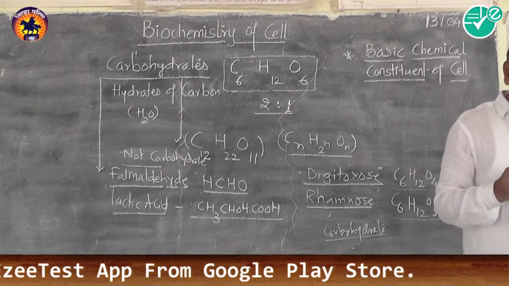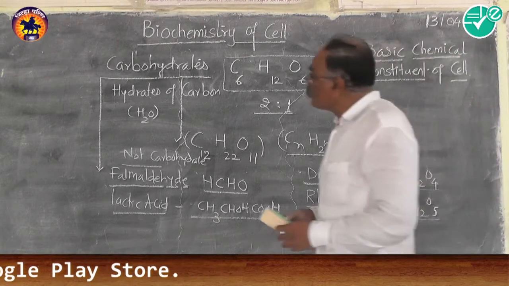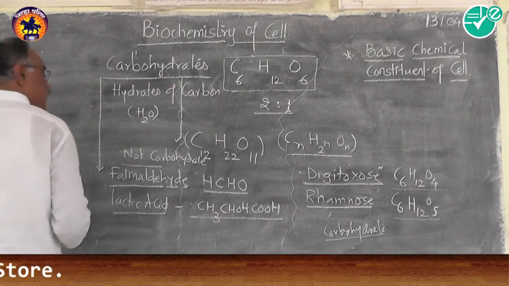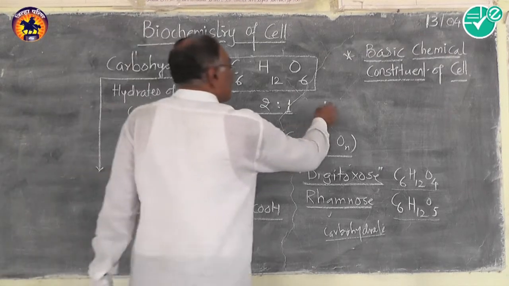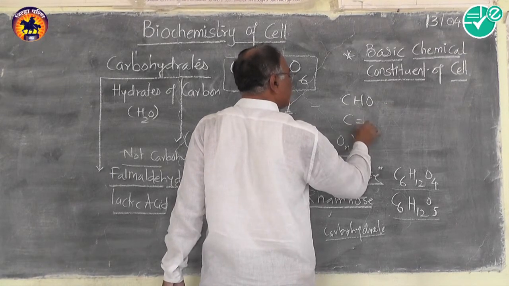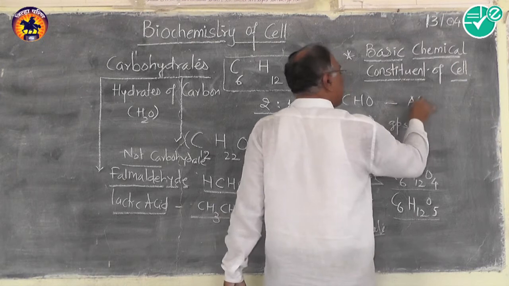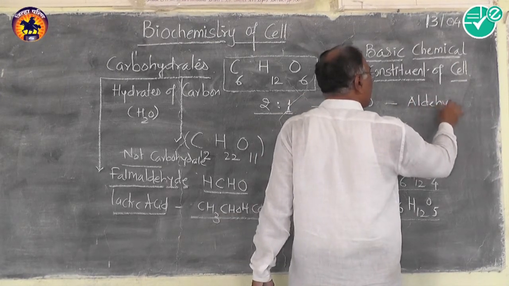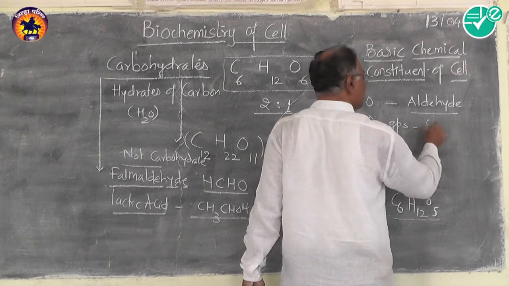These carbohydrates also have CHO and C double bond O groups. The CHO group is called the aldehyde group and the C double bond O group is called the ketone group.